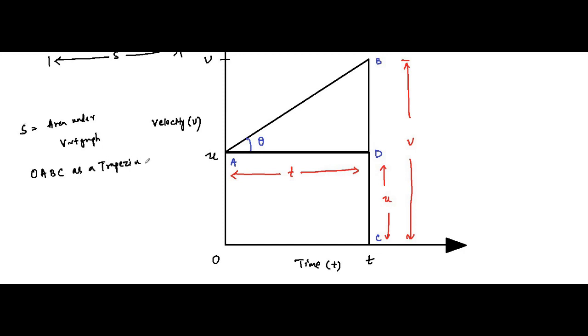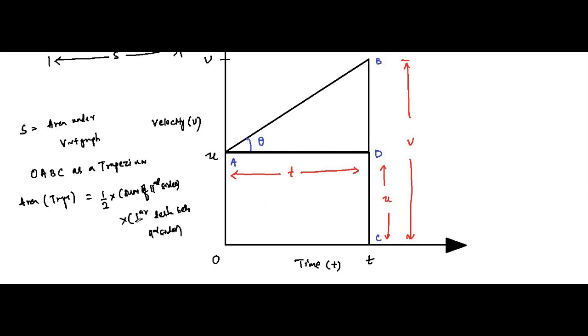As a trapezium, the area of a trapezium is given by 1/2 into the sum of the parallel sides multiplied with the perpendicular distance between the parallel sides. This is the area of trapezium.